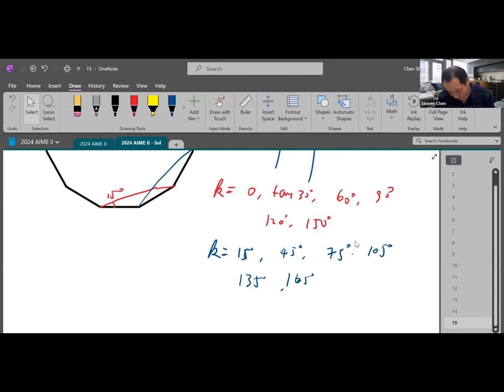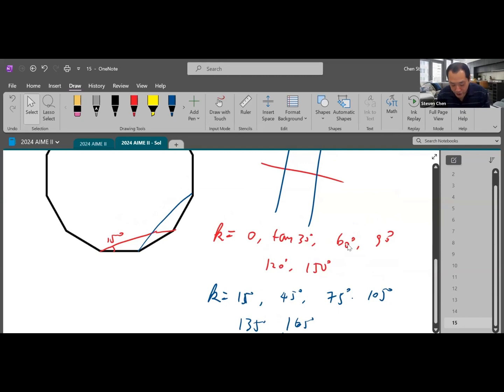And for each color class, say the red class, for those 6 possible arguments or slopes, actually we don't have to discuss all of them. So we can do the casework analysis. For instance, in terms of these 3 values. Why? Because think about it.